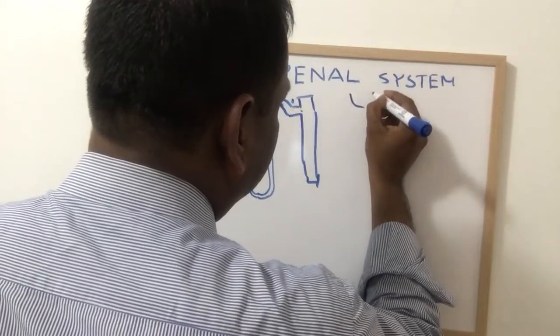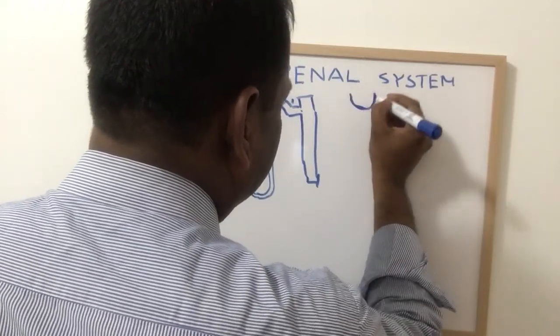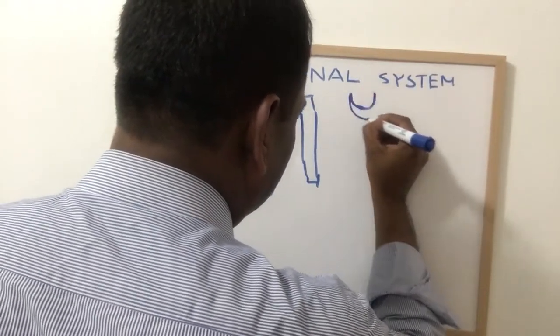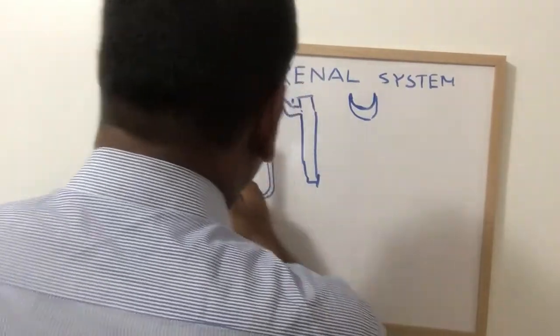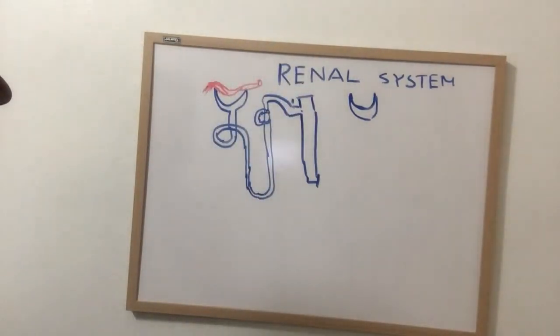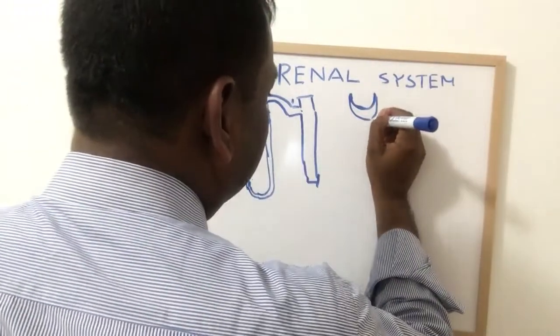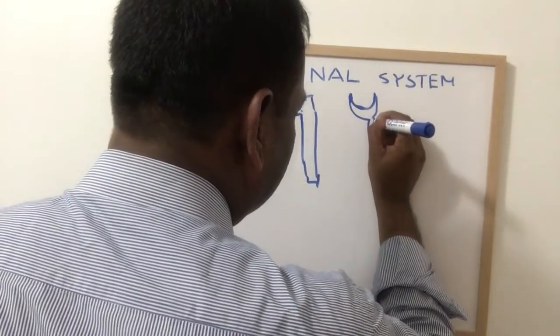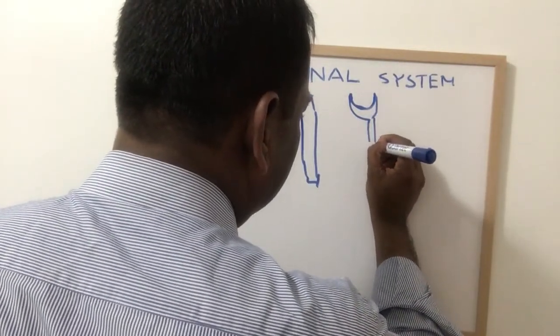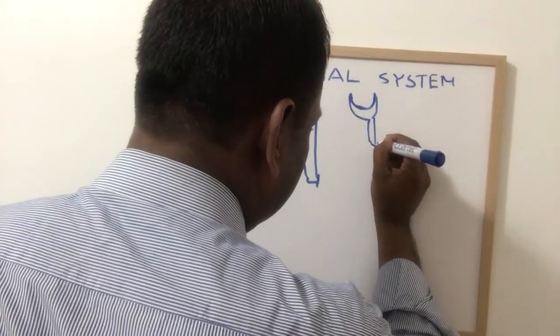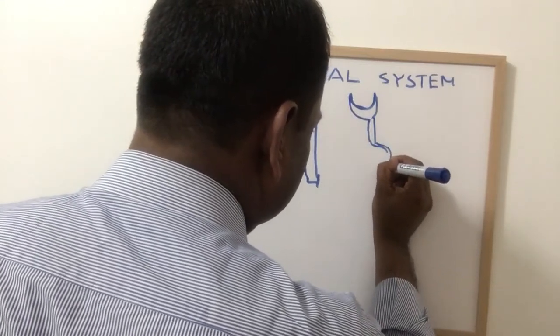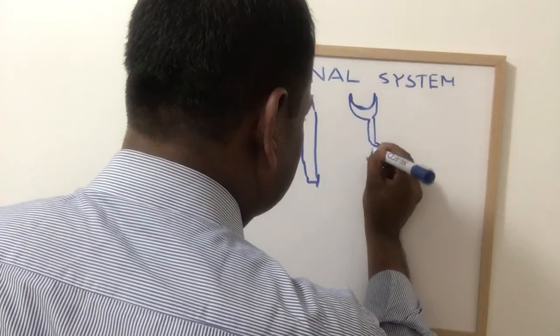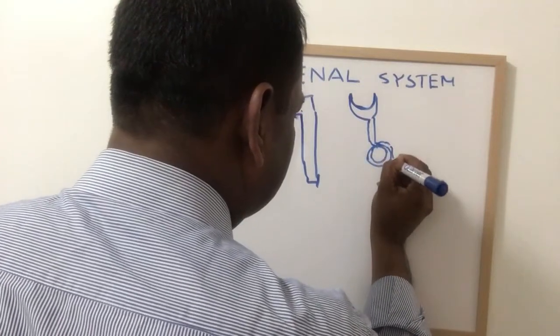Another. This is medullary. There was cortical. This is medullary. It also makes a band here, bends here, and comes around.